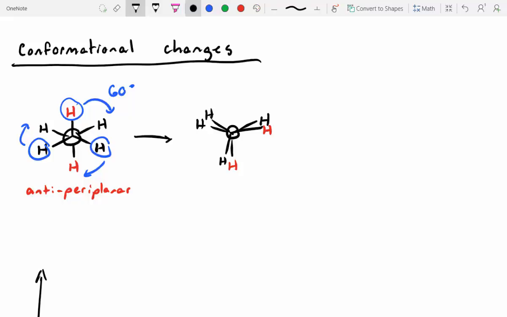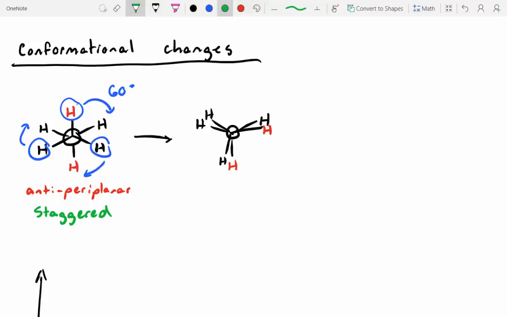What we do is we try to refer to these using different terminology. So the one on the left is called our staggered conformation. The one on the right would be referred to as what, if it's not staggered?